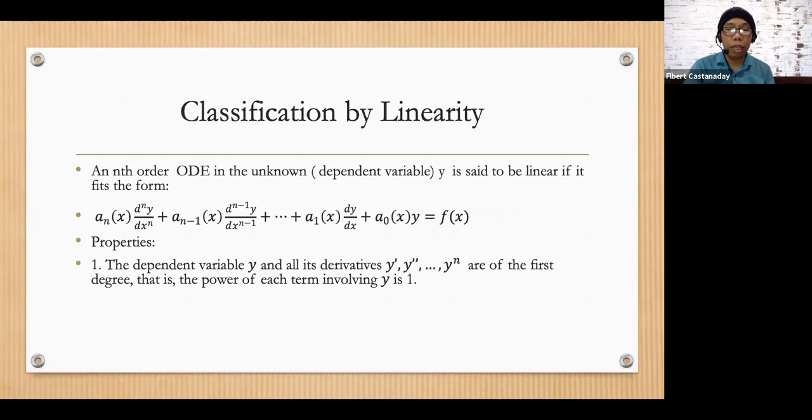The first property is the dependent variable y and all its derivatives. Take note, so take a look at the y here, since y is the dependent variable, and its derivatives. Okay, so this will be y prime, and this will be y n minus 1 prime, and this is y raised to n prime. Okay, kung naka-prime notation tayo. Nth.